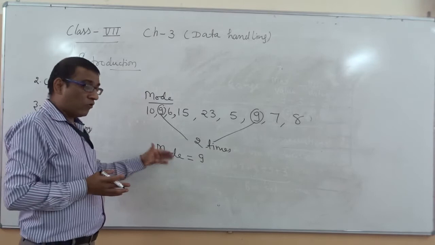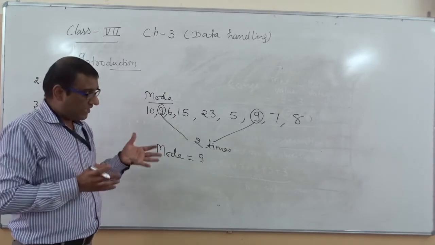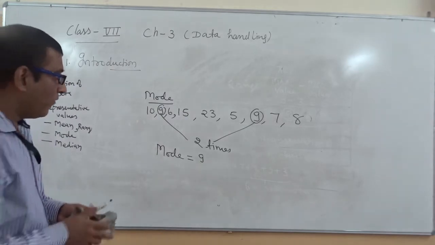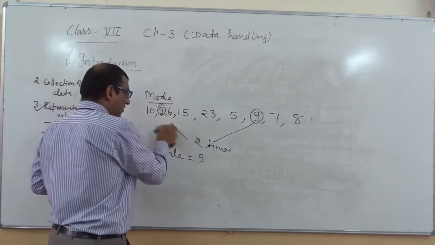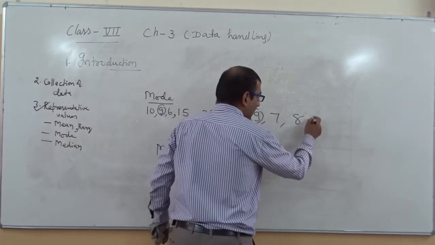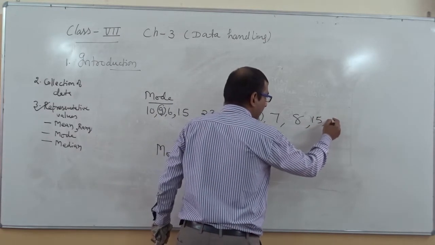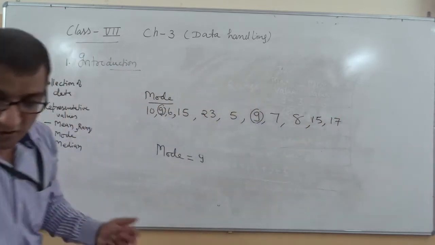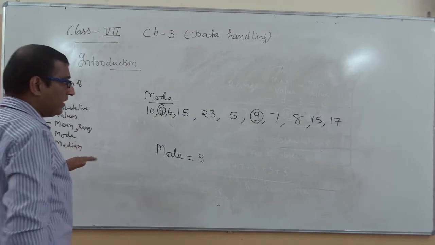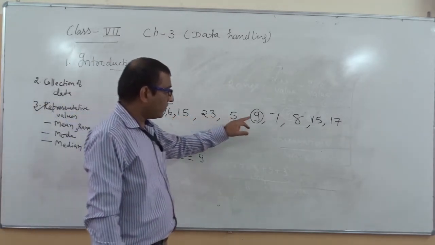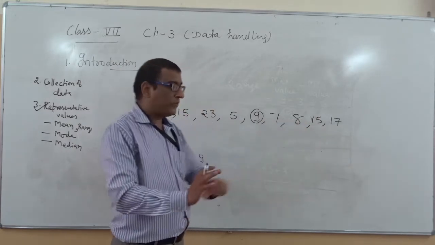Now the question arises, can the value of mode be more than 1 in a given question? Yes, it is possible. If I change the question, if I include some more numbers here, let's see what happens. If I say 15 and 17, in this case, what is the value of mode? As you see here, how many observations are there? 1, 2, 3, 4, 5, 6, 7, 8, 9, 10, 11 observations are there.